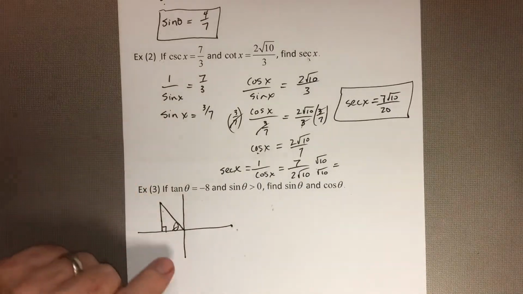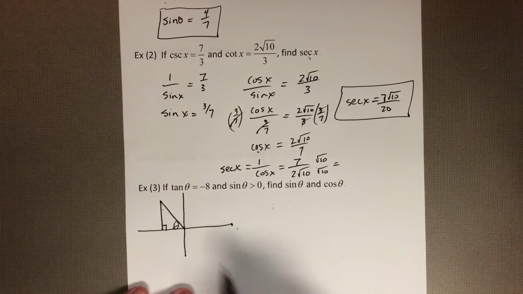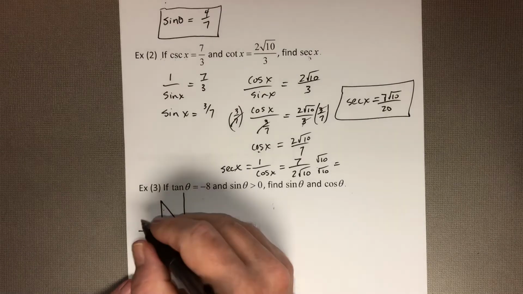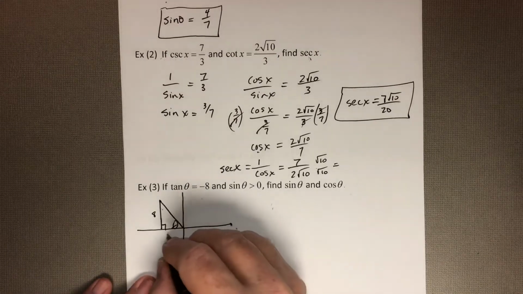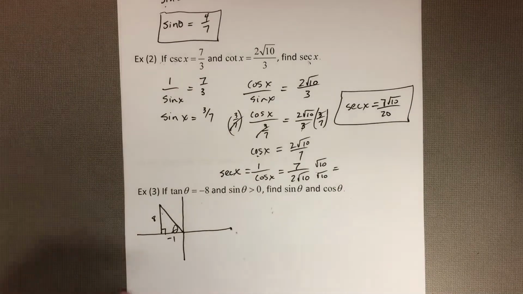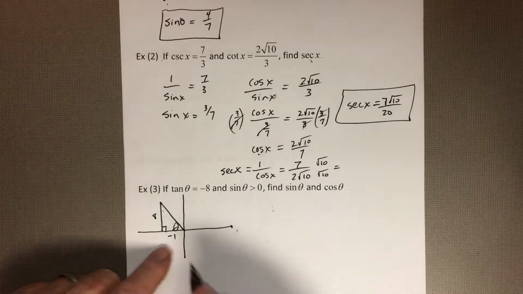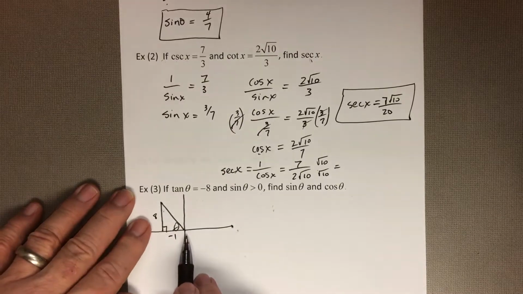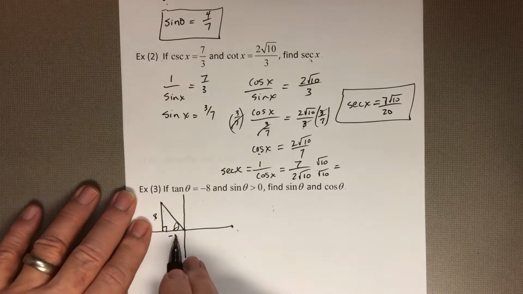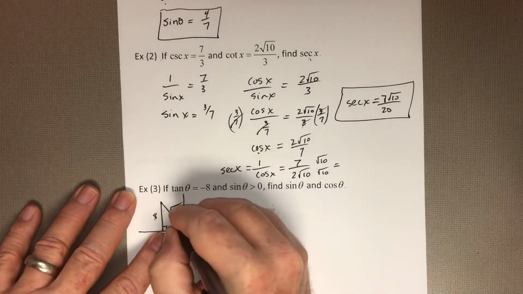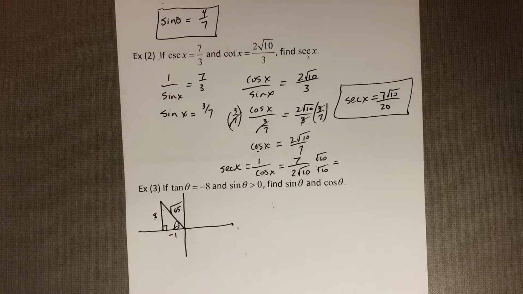All right, now, I know the tangent. Well, the tangent is the opposite leg, which would be 8, divided by the adjacent leg, which is -1, if you like, or 1. And now, if I did the Pythagorean theorem, I would get this hypotenuse to be the square root of 64 plus 1, which is the square root of 65, using the Pythagorean theorem.